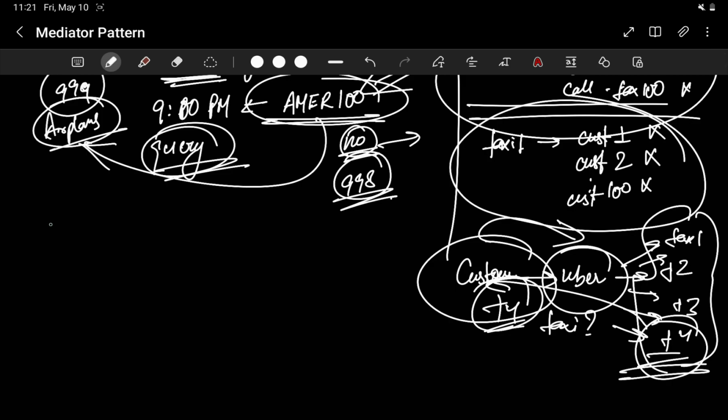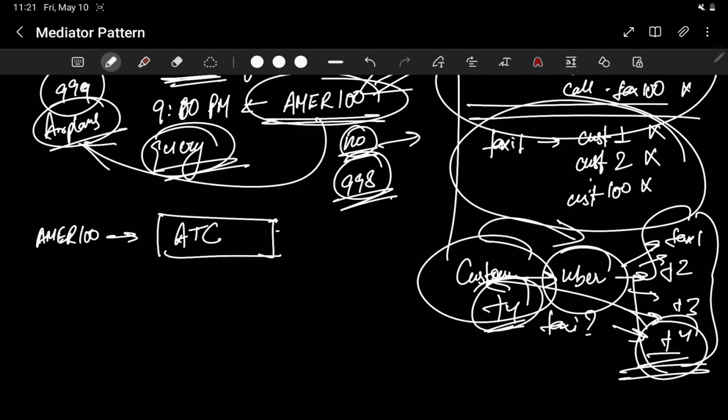Similarly, in the case of air traffic, what happens is Amer 100 wants to land. It talks to the ATC, air traffic controller. ATC checks that runways are clear and it's not the time for any other flight to take off or land, so there are no chances of collision or crashing.